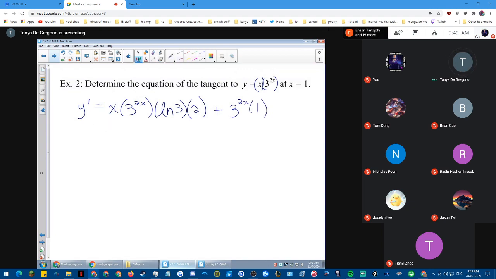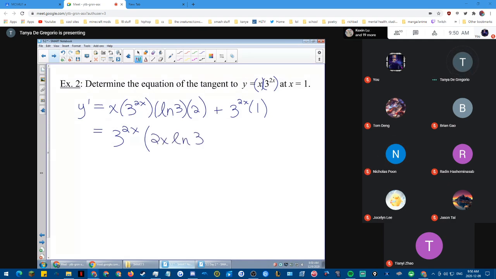Okay. Now, from here, let's clean it up. You don't technically have to take out the GCF because we are just trying to find slope, but I'm going to do it because it's good practice. So here, we would factor out the 3 to the exponent 2 to the x. And then what would I be left with? How would we write that? 2x ln 3, beautiful, and then plus 1.